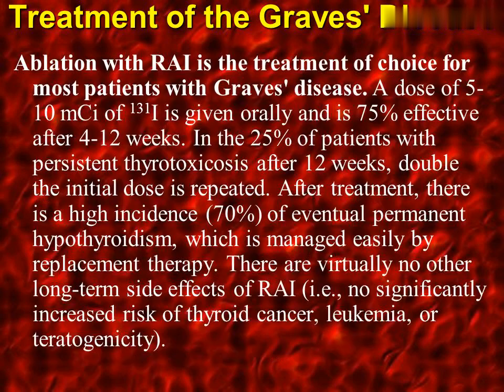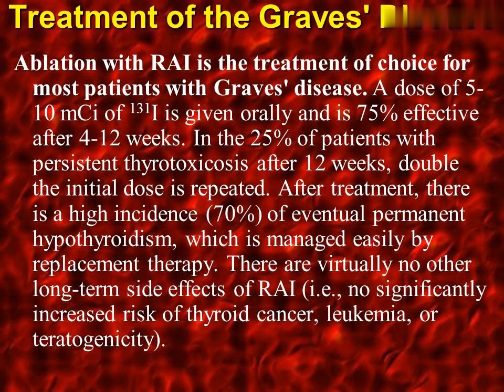Treatment of the Graves' disease. Ablation with RAI is the treatment of choice for most patients with Graves' disease. A dose of 5 to 10 mCi of 131I is given orally and is 75% effective after 4 to 12 weeks. In the 25% of patients with persistent thyrotoxicosis after 12 weeks, double the initial dose is repeated.